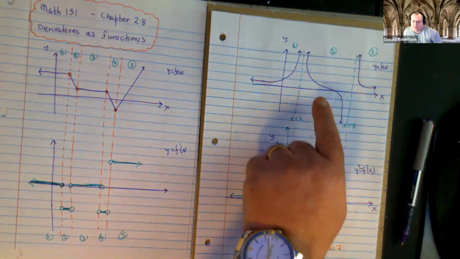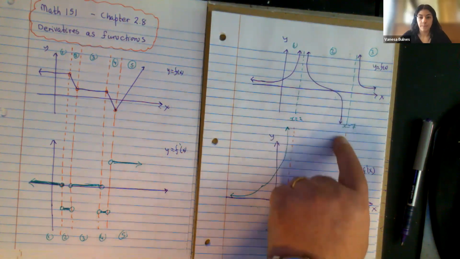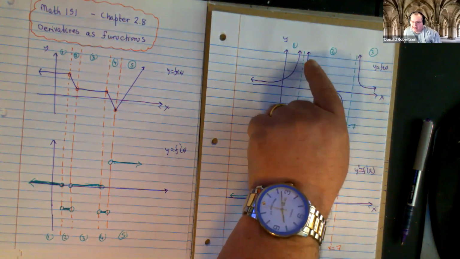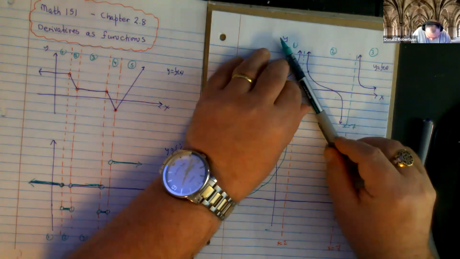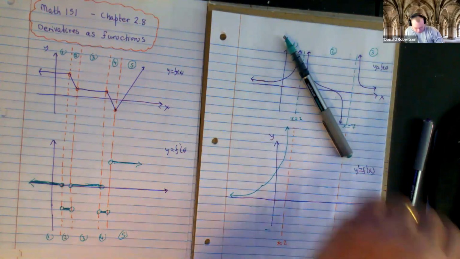Now, let's look at this curve. If I choose any point, let's say I chose that point, wouldn't the derivative be that line? And isn't that line negative? It's going down, right? From left to right, it's going down.